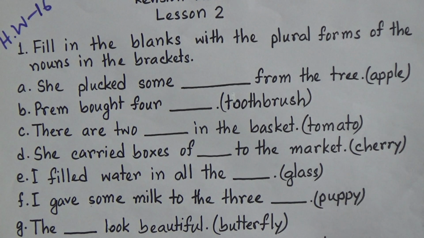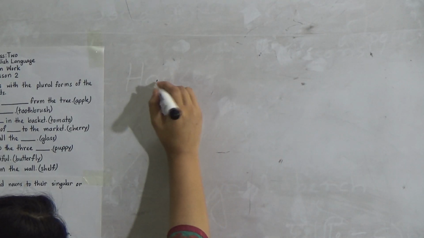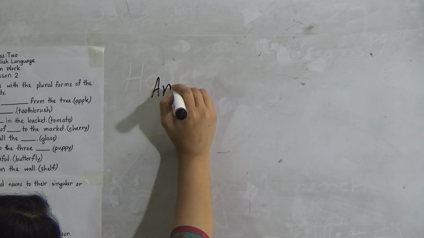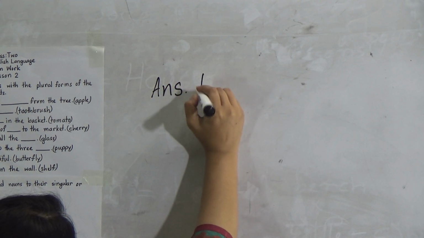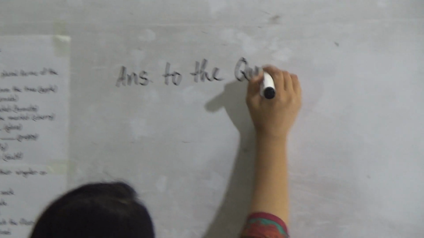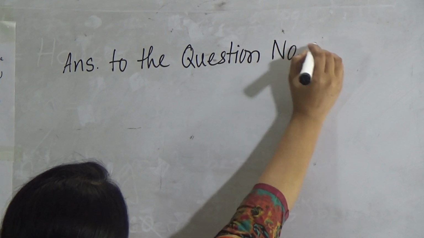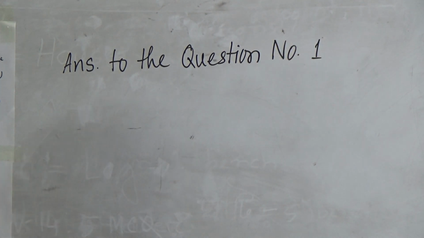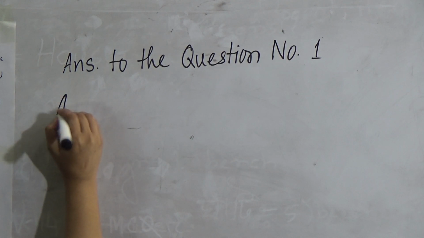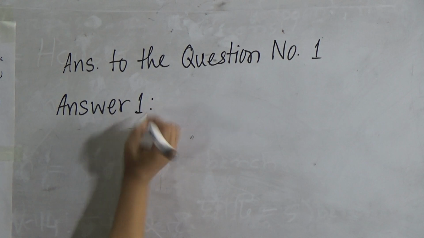And how will you write it? You can write like this: answer to the question number 1, or you can also write here answer 1.